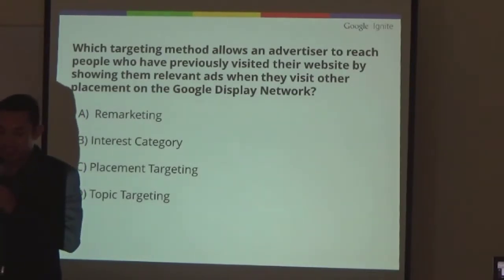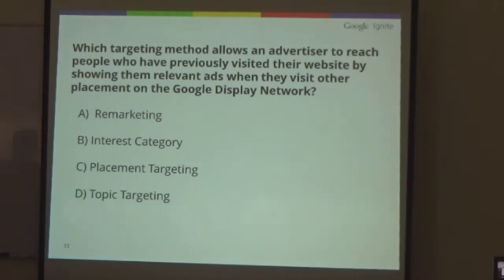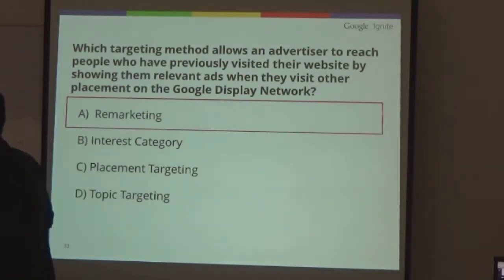Yes? So, interest? No, because you're targeting them by interest. Nothing to do with whether they visit your sites or not. Placement? No, placement is defined as you choose the sites that you want to advertise. Topic? Definitely is not. So, mark it on your PDF as well. So, no chance. You have to take note of question by question.